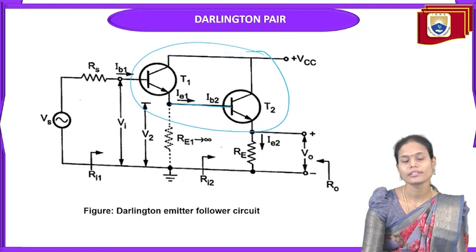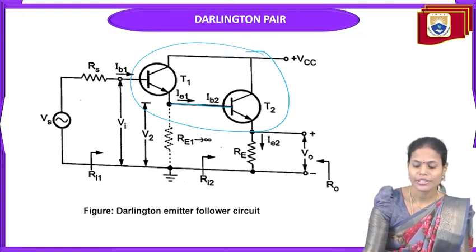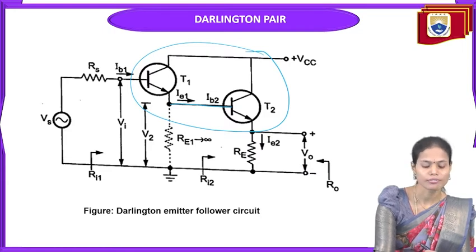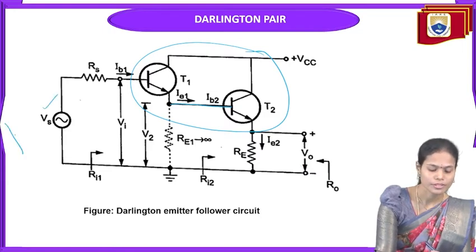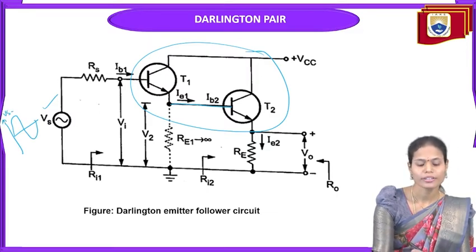So if we provide the input signal to this Darlington pair as well as take the output across the second stage, it becomes a multistage amplifier. For that purpose, we are providing the input signal Vs, that is a sinusoidal signal with some frequency and amplitude. We are providing it through the source resistance Rs to the base of the first transistor.